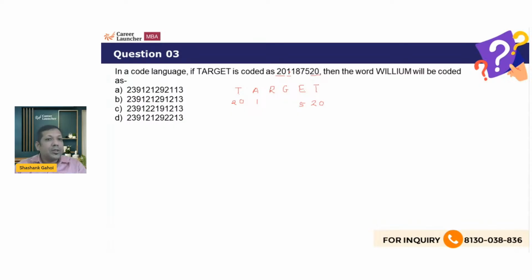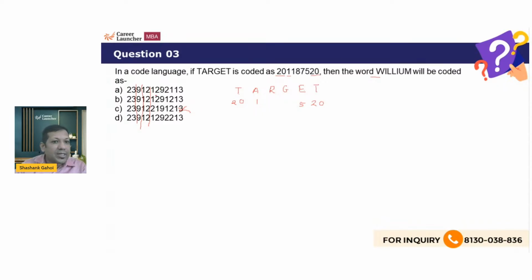Now I want to solve this question quickly. How can I do that? So what is the approach I'm going to take? W, every option has 23. I, every option has 9. L, every option has 12. Then L, every option doesn't have 12. So option C is eliminated.